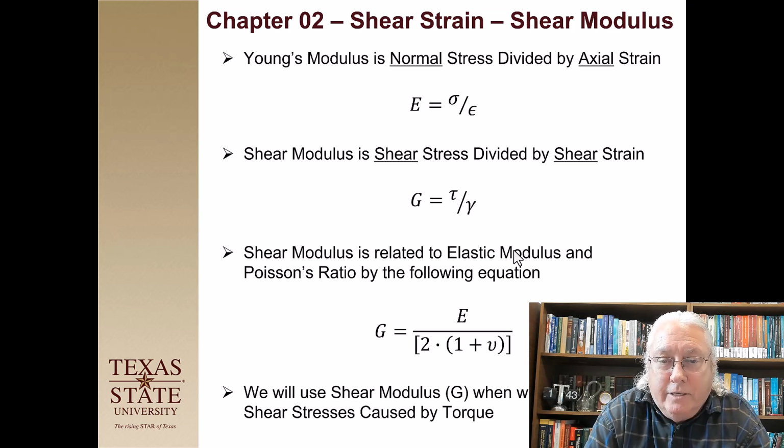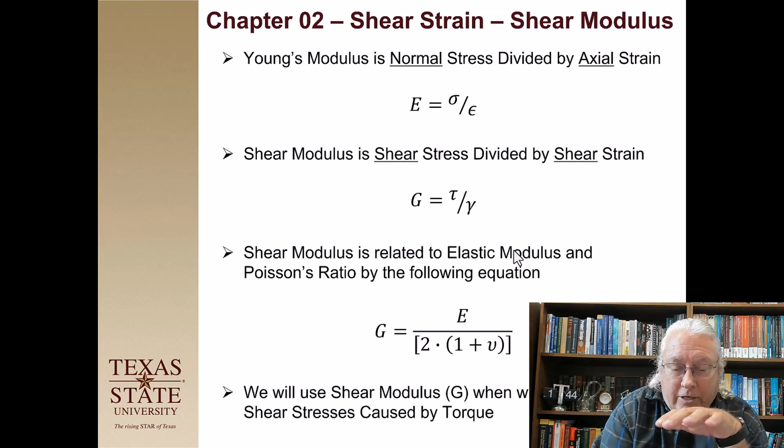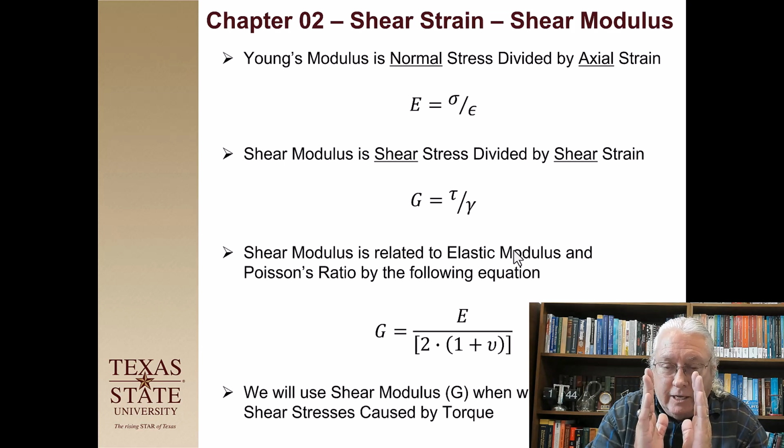Shear modulus, similar to elastic modulus, but it's shear stress divided by shear strain. And so we already know that tau we use for shear stress, gamma is shear strain. And instead of thinking about the change in length due to axial loads, this is the shift, the change in angle when you get shear loads.